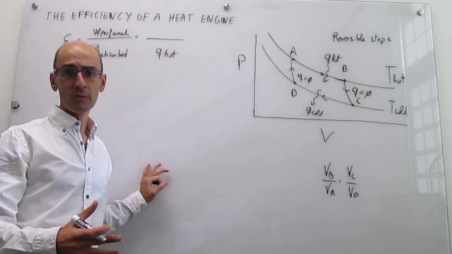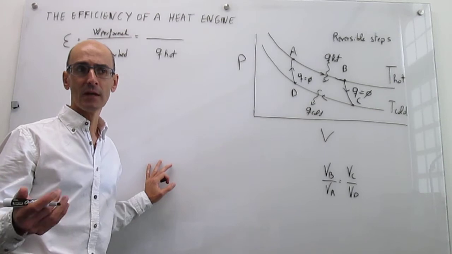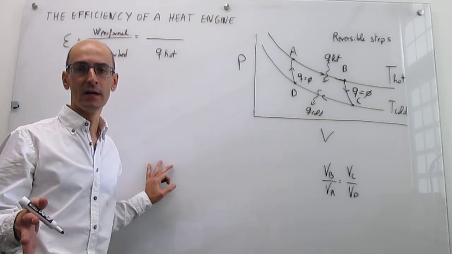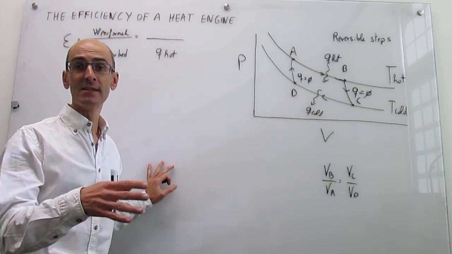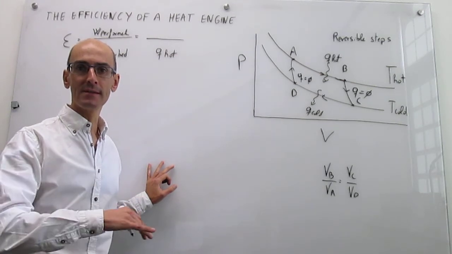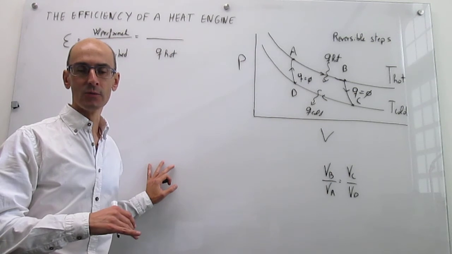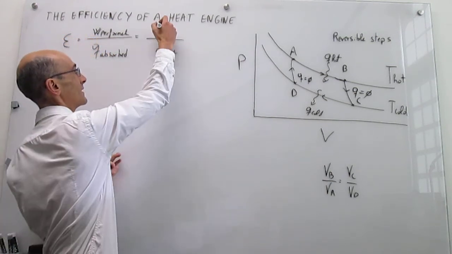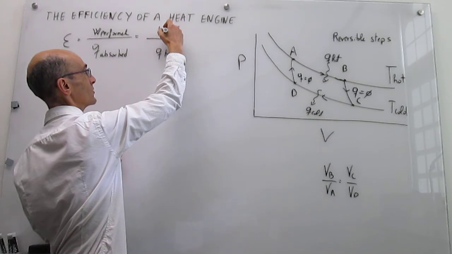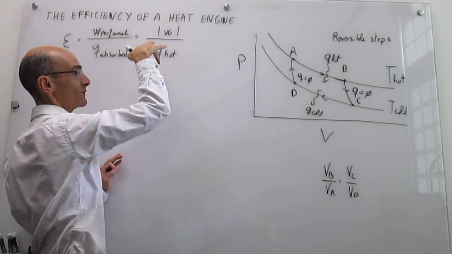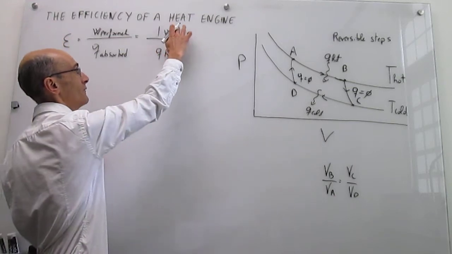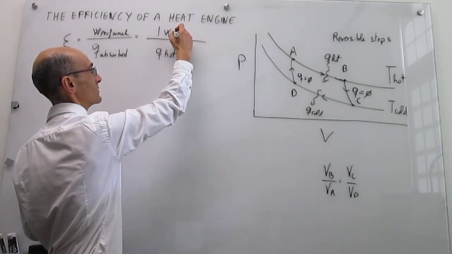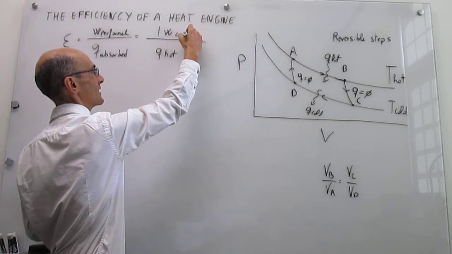Now notice that we always have a sign challenge here, because work can be negative if the system is performing work on the surroundings, or positive if it's the surroundings that do it on the system. So to avoid that sign issue, we're simply going to write here the absolute value of the total work for the 4 steps. So we can write that this is just the work in the entire cycle.